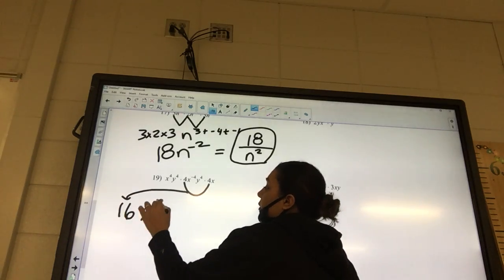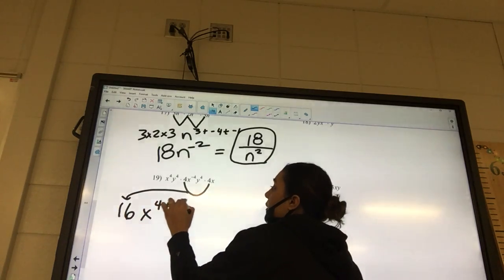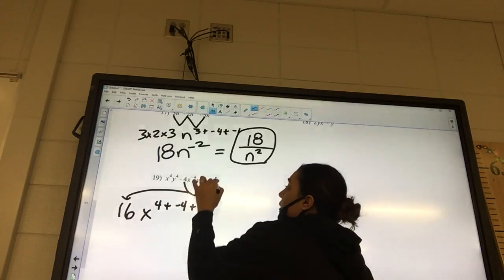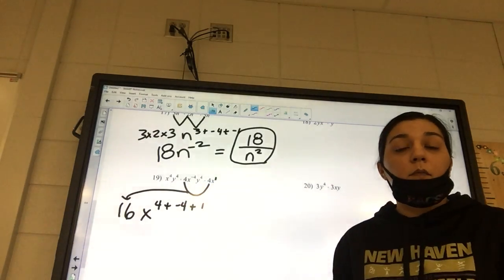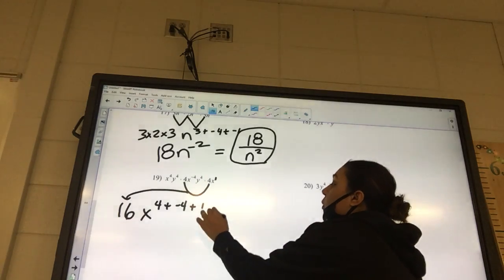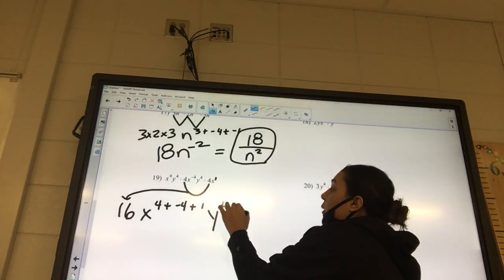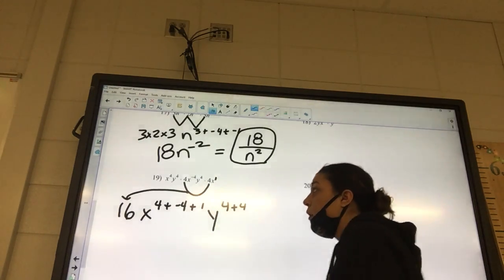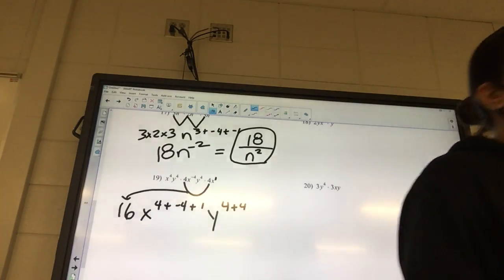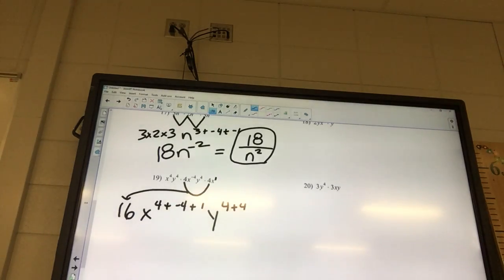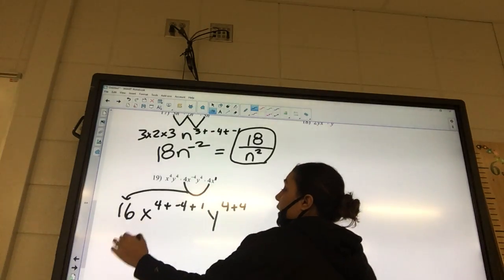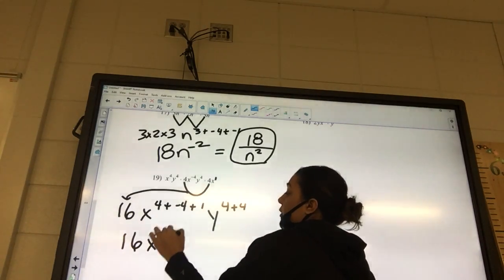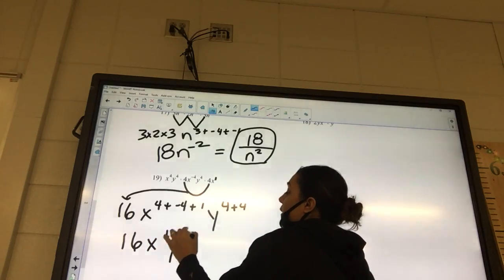So I'm gonna have x to the 4th plus negative 4 plus 1. Y to the 4 plus 4, and I don't have a third one, so we just leave it at 2. So you're gonna have 16 x to the 1, y to the 8.